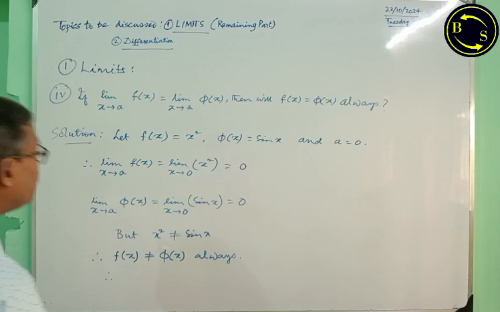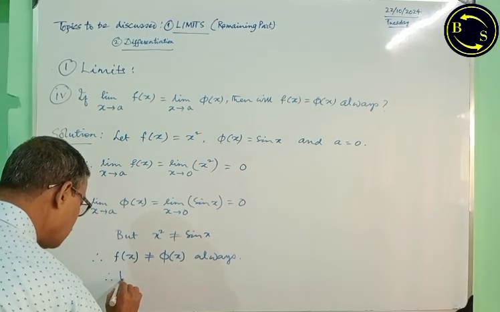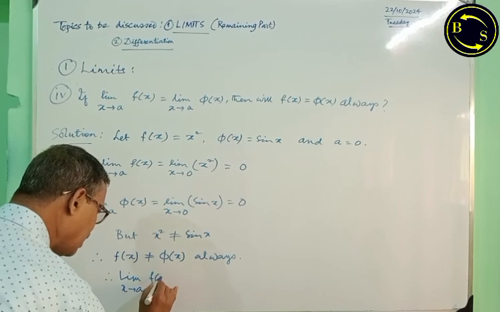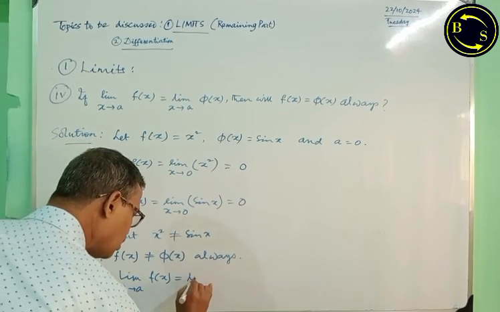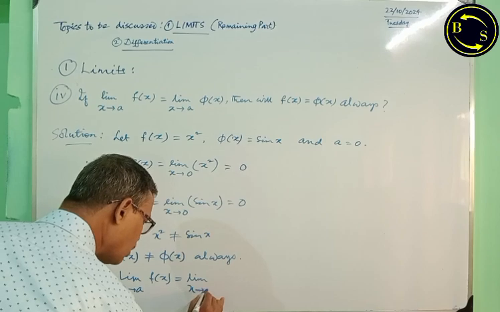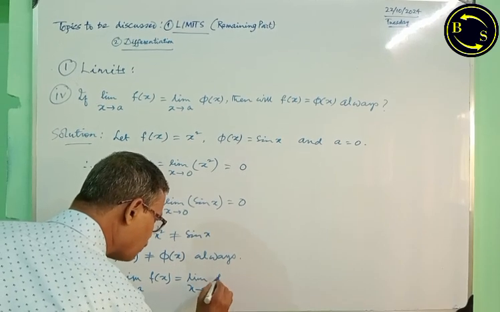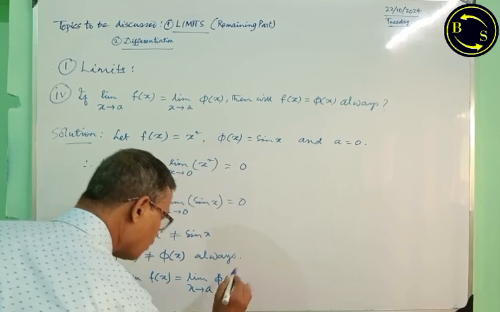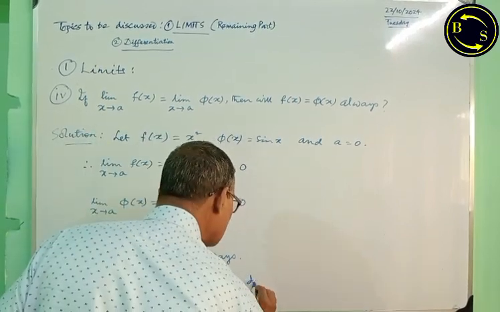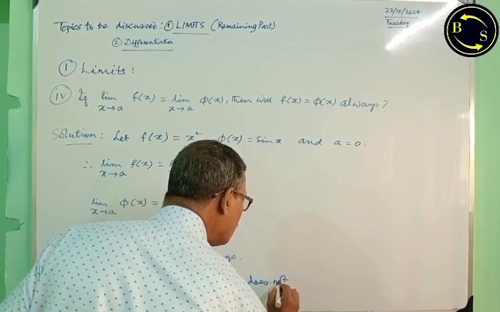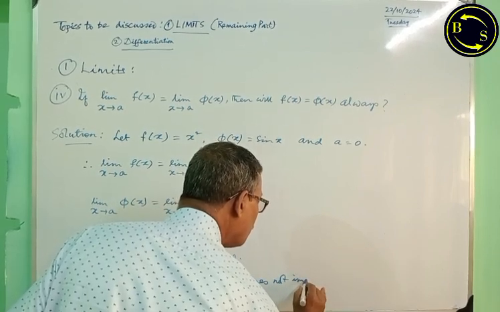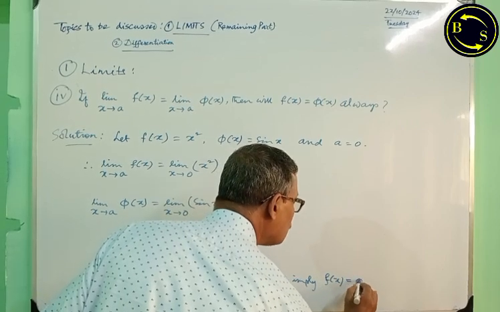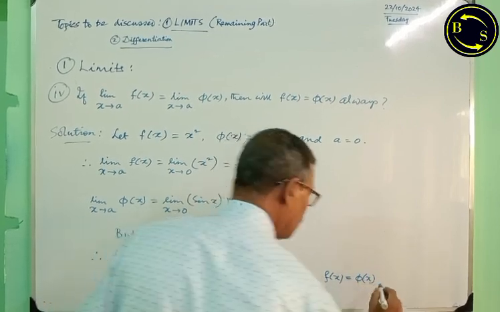Therefore, limit x tends to a f(x) equal to limit x tends to a phi(x) does not imply f(x) equal to phi(x) always.